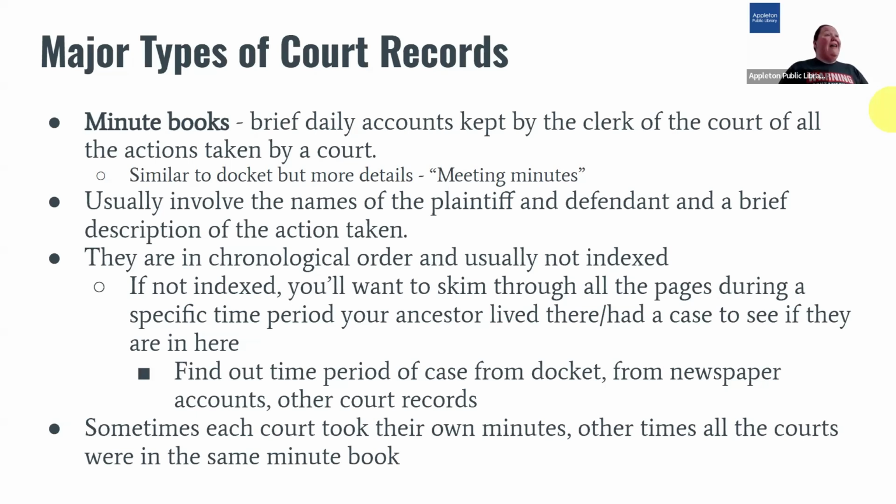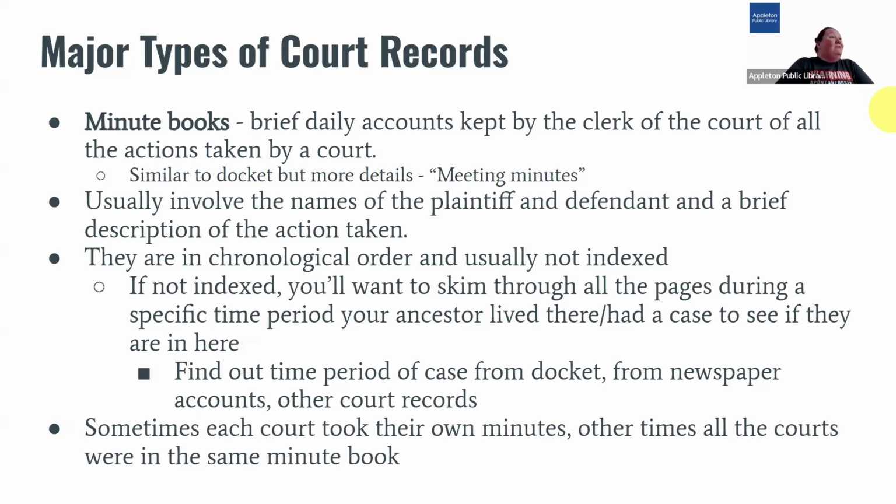Again, it's usually going to have the name of the plaintiff and the defendant and a brief description of what action was taken. They're usually in chronological order and, unfortunately, usually not indexed. If they are not indexed, you're going to want to skim through the pages during a specific time period when your ancestor was living there, or if you know they had a case during a specific time.